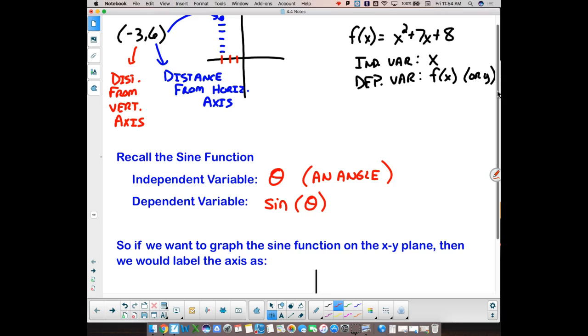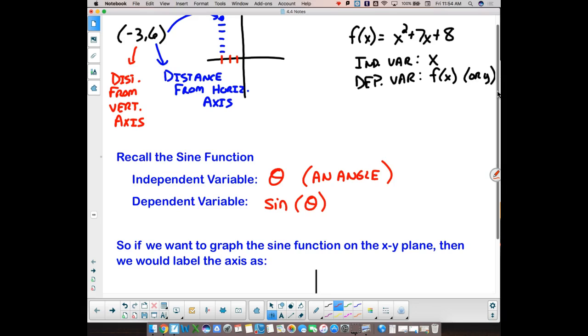Up here, we put in X. That was our variable. We got out f of X. So in a sine function, I'm going to put in theta and get out sine of theta. The same thing as is up here. It's just that we didn't write out the function.